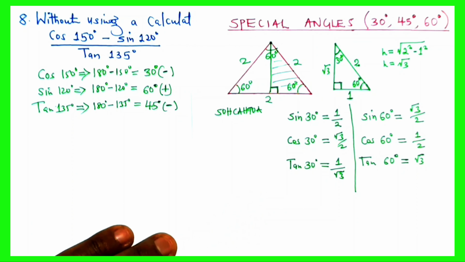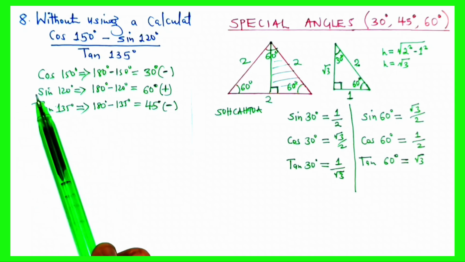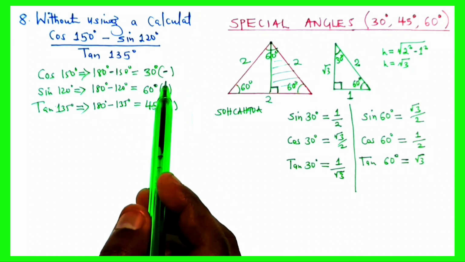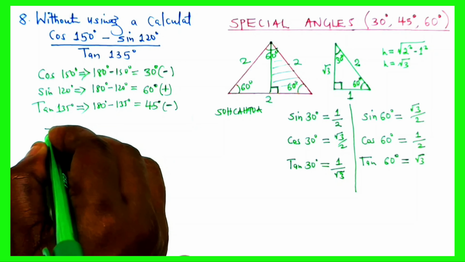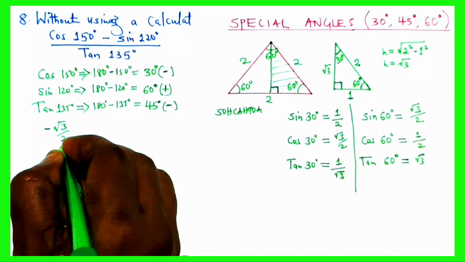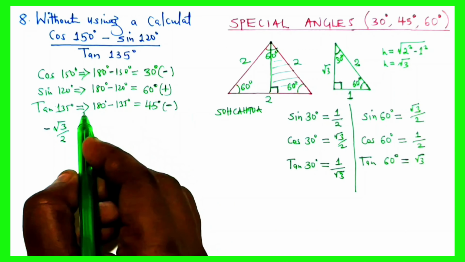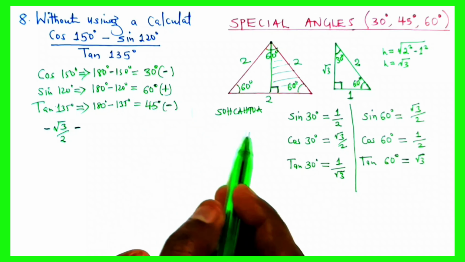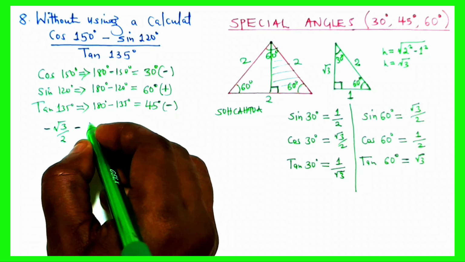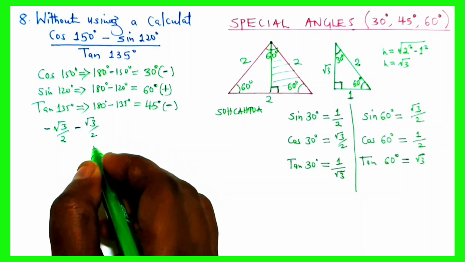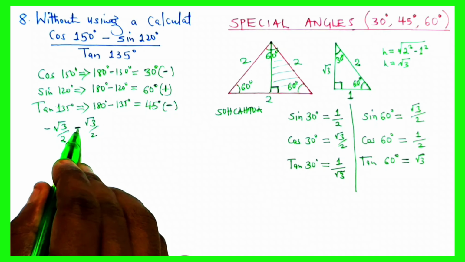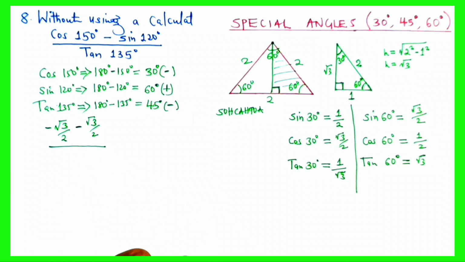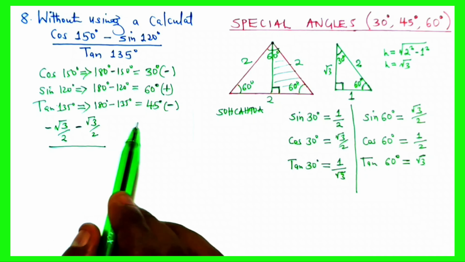And then with our knowledge of special angles, we are going to consider that the cos of an angle 30 degrees will be root 3 over 2, but remember it's negative here, so we are going to have negative root 3 over 2, and then to subtract the sine of 120, that means the sine of an angle that is 60 degrees, which will simply be root 3 over 2, and remember it's positive, so it won't affect the positive that is here, which was captured in the question, and then divided by the tan of 45 degrees.